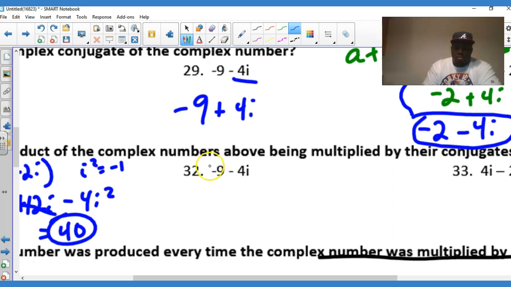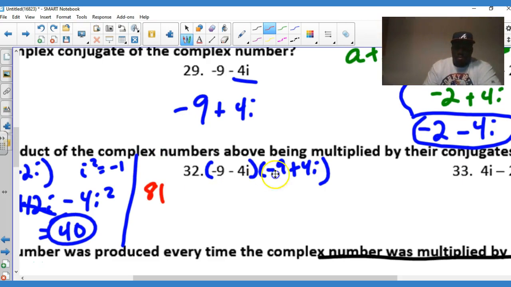Always going to get a whole number when you multiply a number by its conjugate. Remember here, we said that the conjugate is negative 9 plus 4i. All right, so now let's multiply. Negative 9 times negative 9 is 81. Negative 9 times 4i is going to be a negative 36i. And negative 4i times negative 9 is a positive 36i.